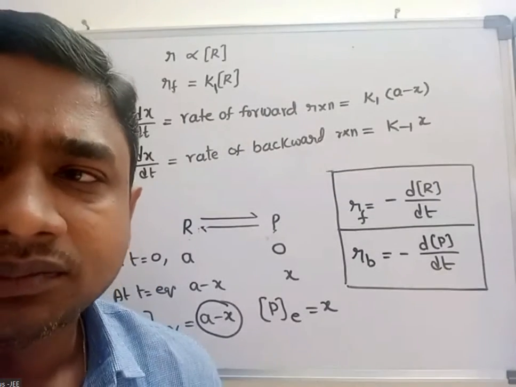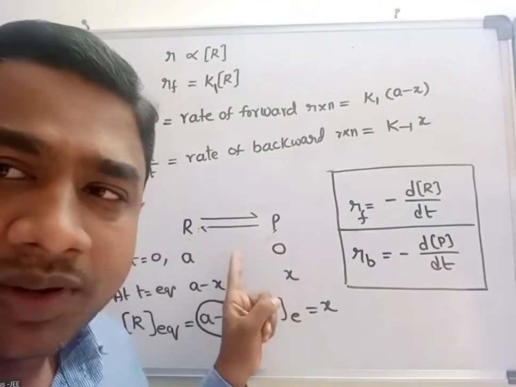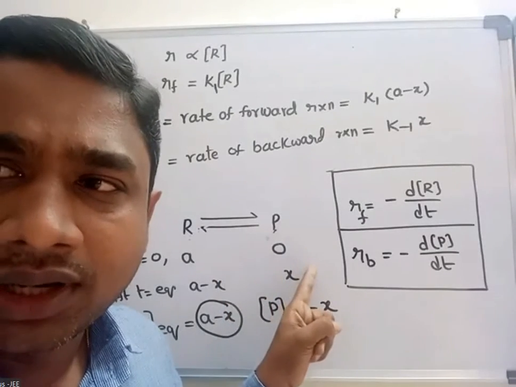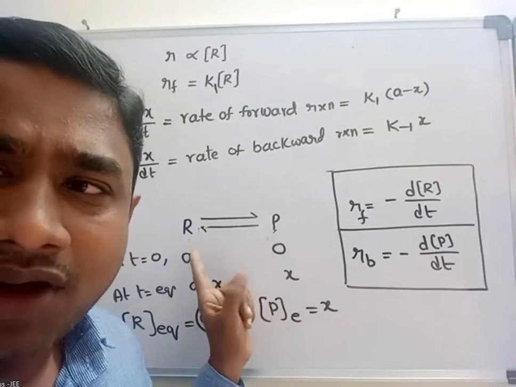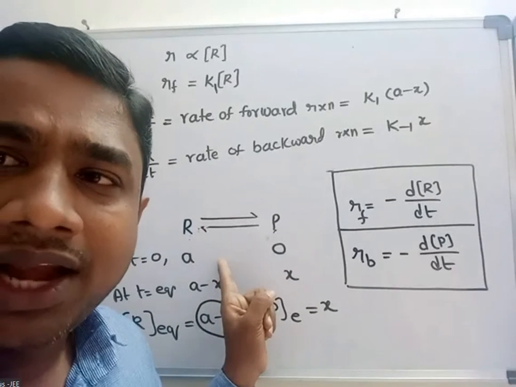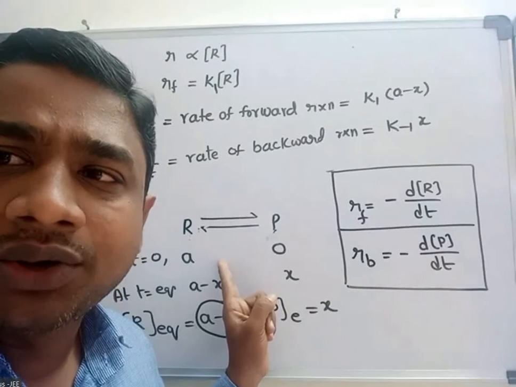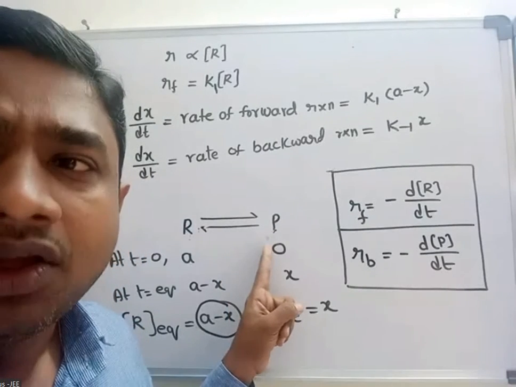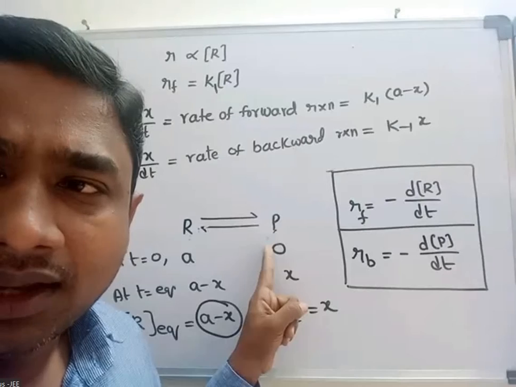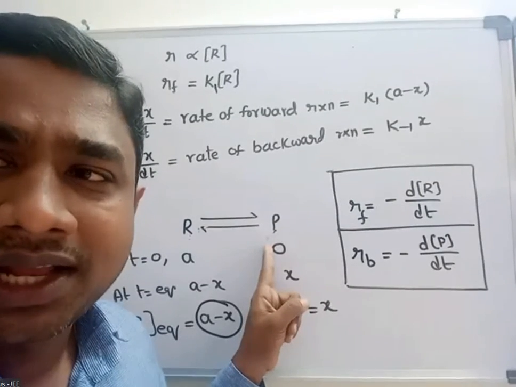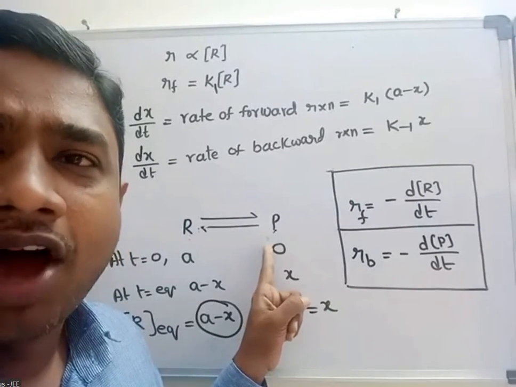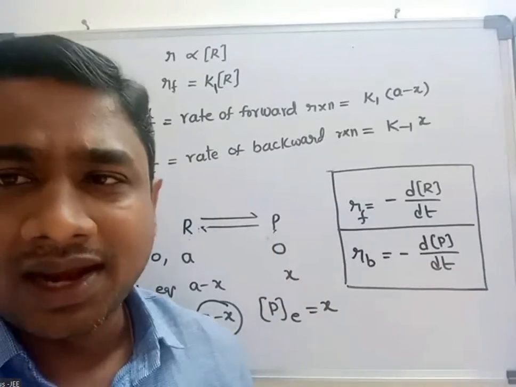Got it? Why are we taking the difference between the rate of the forward and backward reactions? As the concentration of reactant decreases, the rate of the forward reaction decreases. Whereas the concentration of products increases, so the rate of the backward reaction increases.